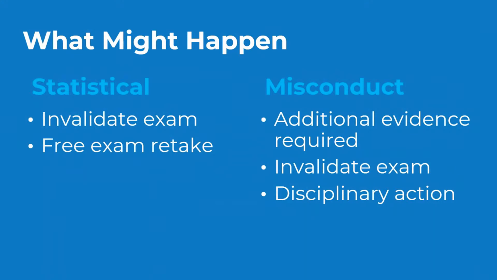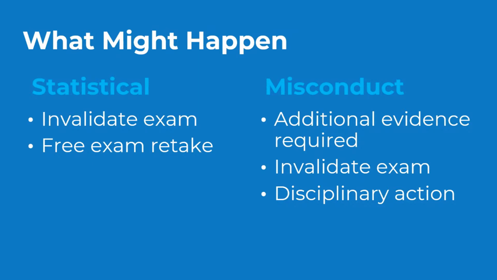On the left, based on the statistical data alone, PMI could say, you're an outlier, something is not right, our statistics show that we're just not happy with this. We invalidate your exam. Even though you've taken it, even though we told you preliminary, you passed, you haven't. You must take your exam again. And here, this is on us. You do not have to pay for it. So you get a free exam retake.